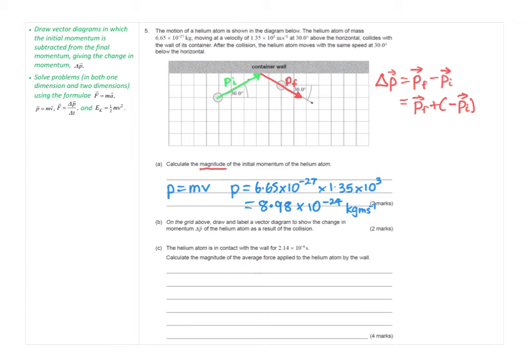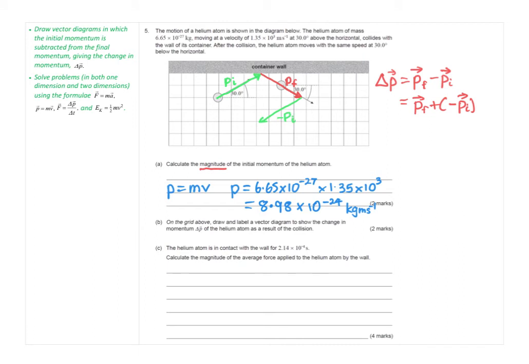So minus PI will be, and we use the tip to tail rule, that vector there.